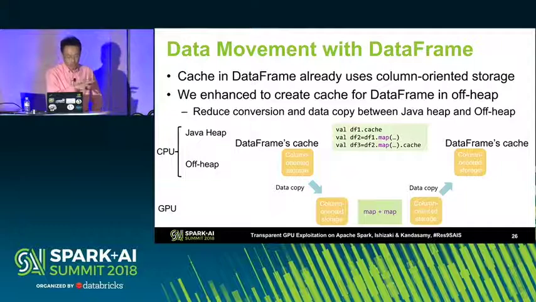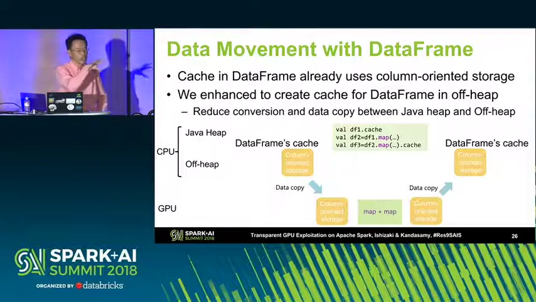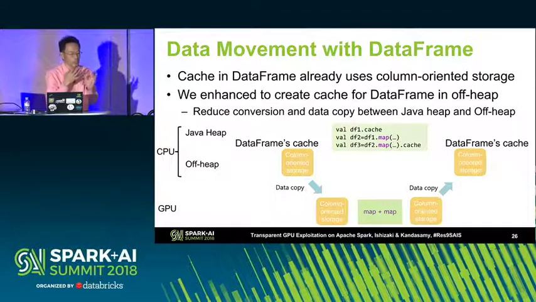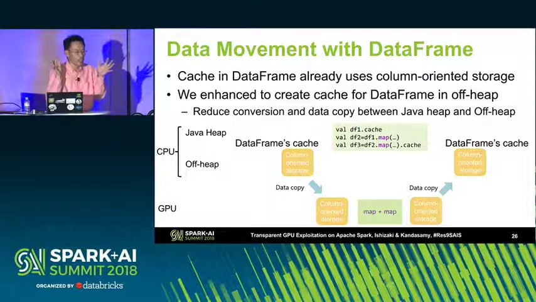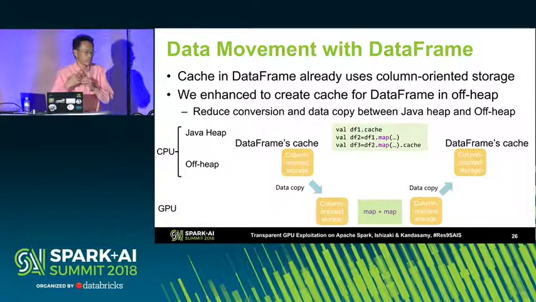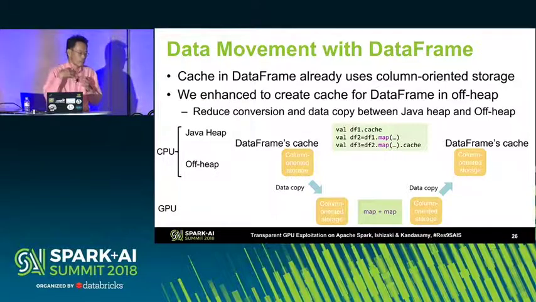Now we have data on the off heap as a column-oriented storage. Then we can copy the data from CPU to GPU. After that, we apply the two map operations by combining them into one GPU kernel. After that, we do the same things in reverse order.